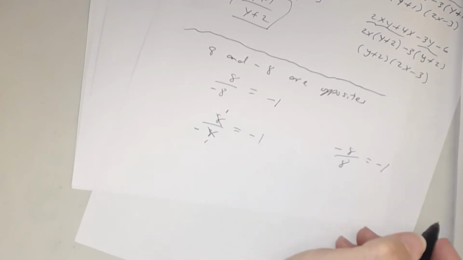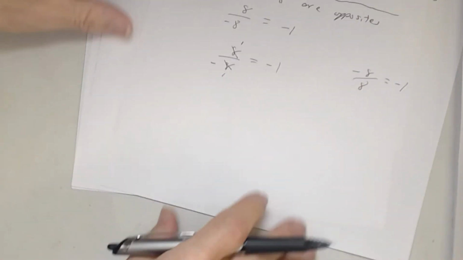Negative 1. All right, so when you're dealing with opposites, whenever you reduce opposites, what factor is left? Negative 1. Okay? All right, keep that in mind.